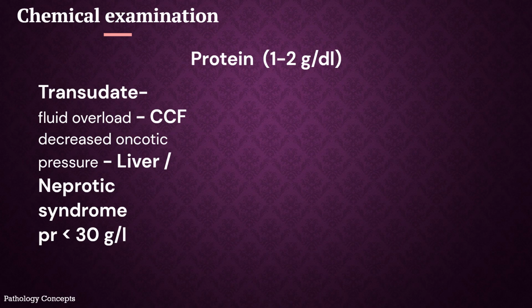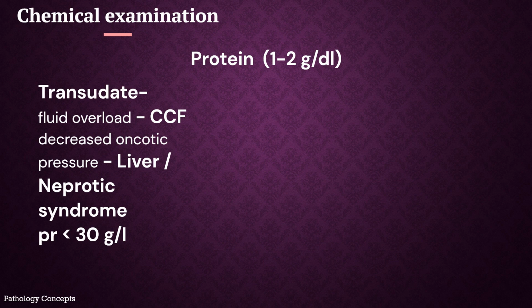Firstly, from fluid overload, where the hydrostatic pressure forces the fluid out of capillaries and into extravascular space, such as congestive heart failure. Secondly, decreased oncotic pressure in the capillaries can lead to fluid being leaked out of vessels and again accumulating in extravascular spaces. This is found in low albumin states such as liver failure or nephrotic syndrome.